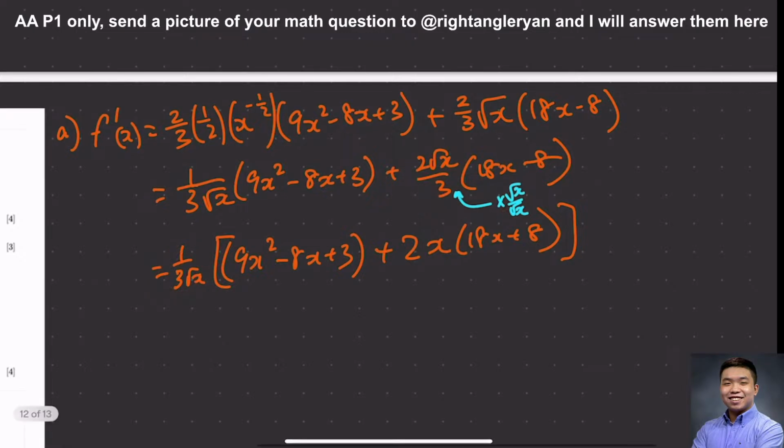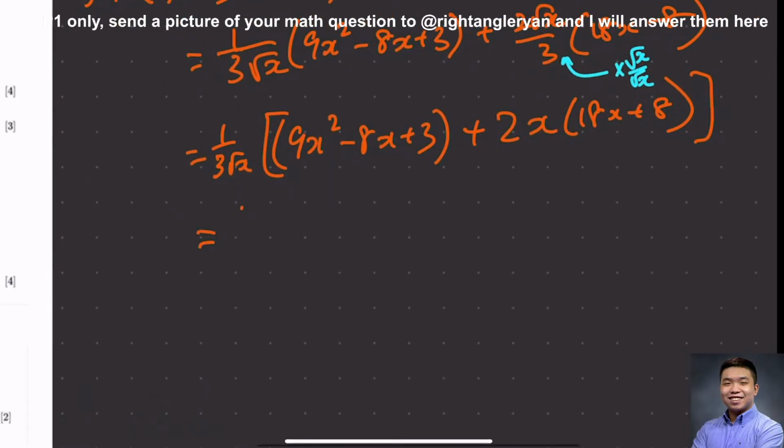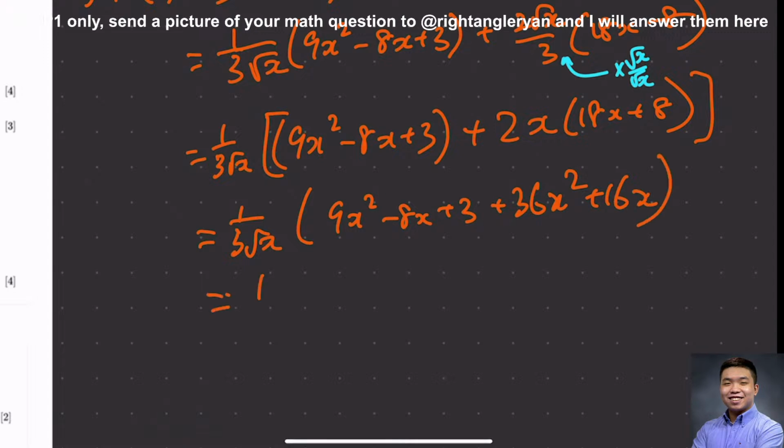I can factor it out. Okay, so now simplify the insides. 9x squared minus 8x plus 3 plus 36x squared plus 16x, right? So it'll be 1 over 3 root x, 45x squared plus 8x and then plus 3.